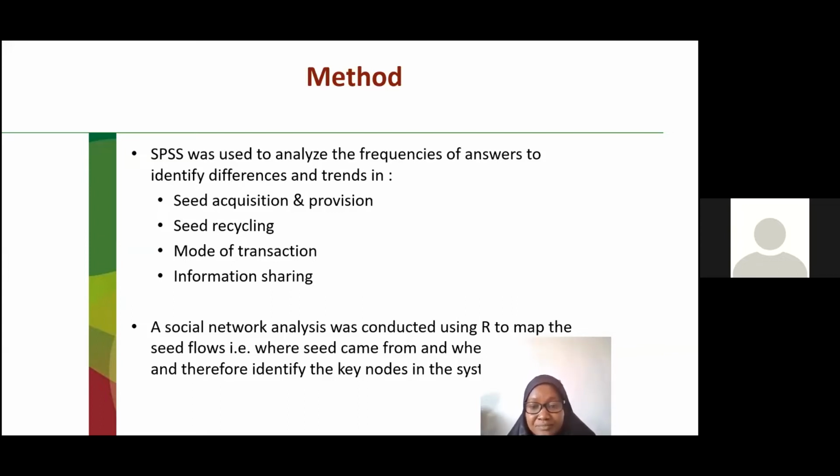We also used social network analysis. We used R to map the seed flow, because we wanted to look at where seed came from and where it is going, and therefore identify the key nodes in the system. And this is the first part. I would like to invite my colleague to continue with the second part.